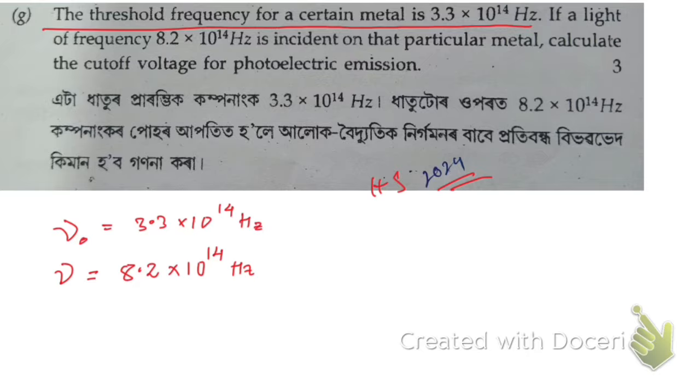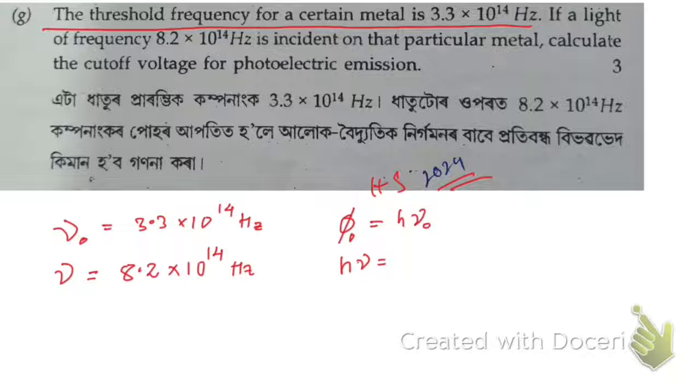Now you see, if this is the threshold frequency, then we will get the work function, H into threshold frequency. That's gonna give us the work function, and we're gonna get the energy of the photon, H nu, if we multiply Planck's constant with this.